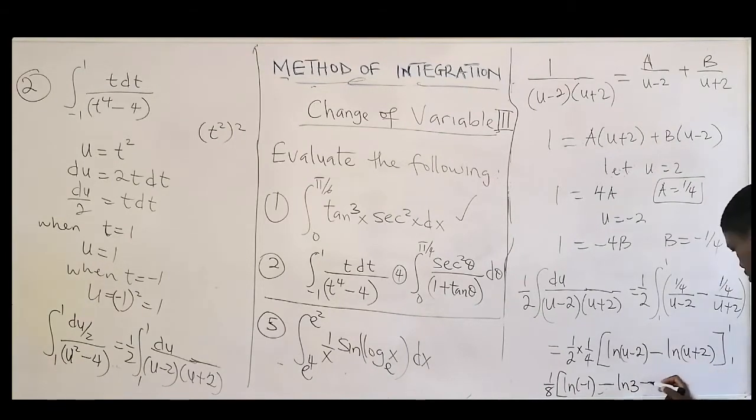Okay, then minus open brackets, the other one again, then minus 1, then minus 1, then minus 3. Close this one, close this one. This bracket here is for the lower boundary substitutions.